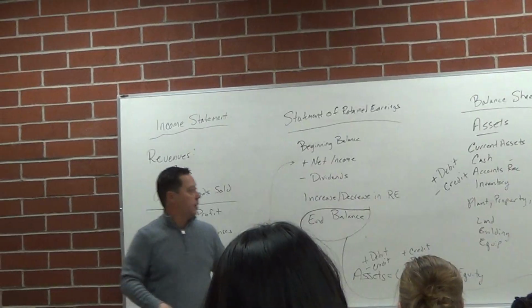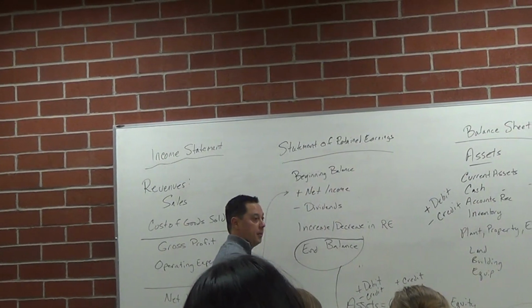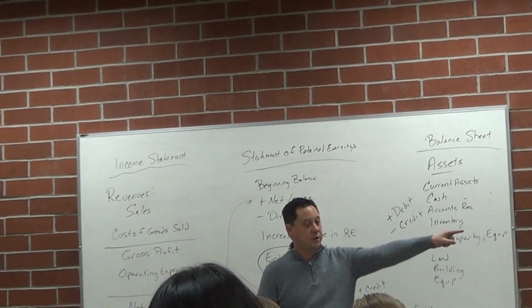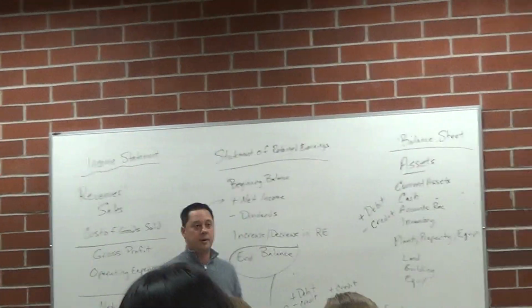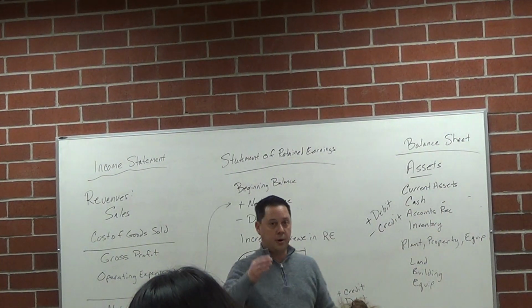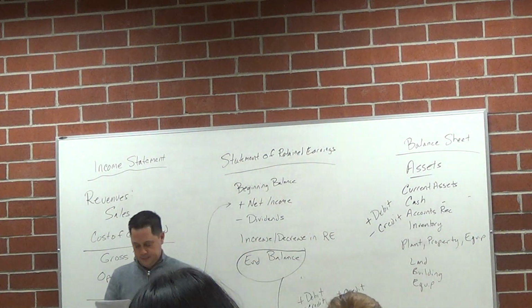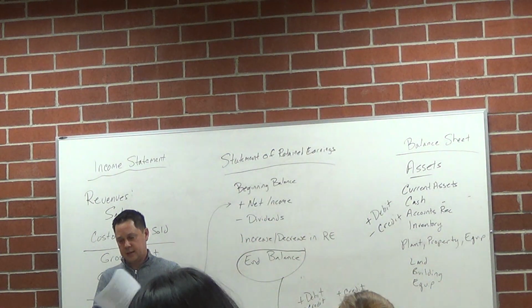We also close out my dividends, and then my net income, we put that in the journal entries. So at the end of the period, or the beginning of the next period, I start off with this as 0. I have no revenues, I have no expenses, and we'll see how we do. All right, questions on that?